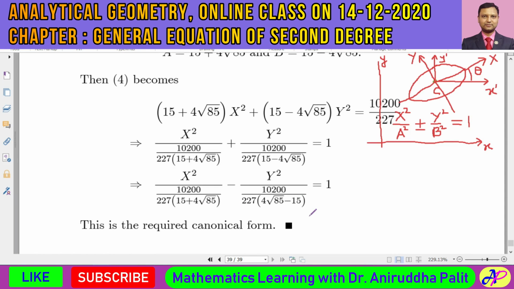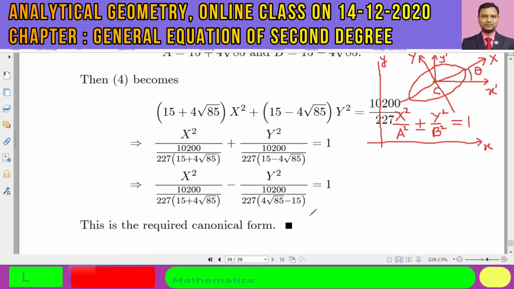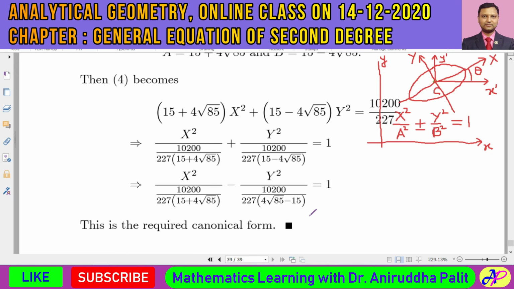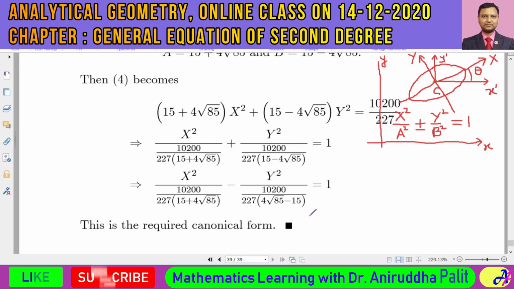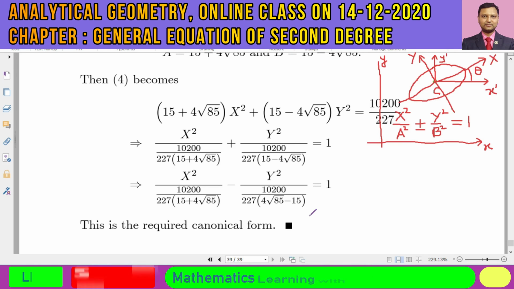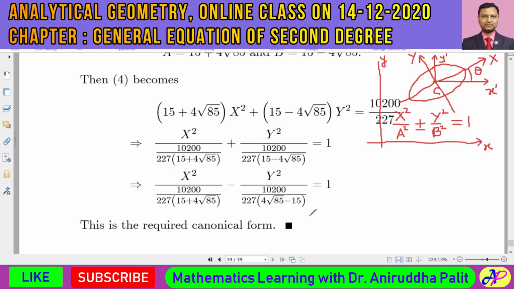Got it? So this kind of manipulation would help us to convert a given equation, either it may be an equation of an ellipse, or an equation of a hyperbola, into the corresponding standard form.